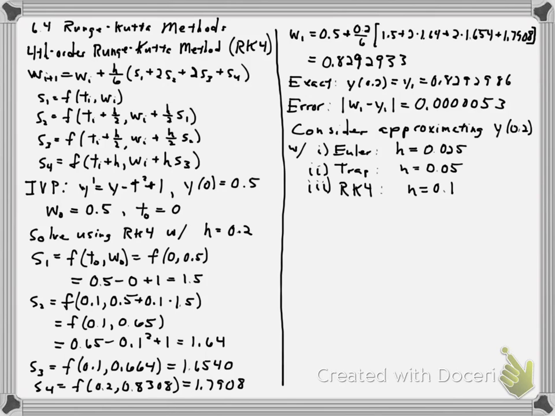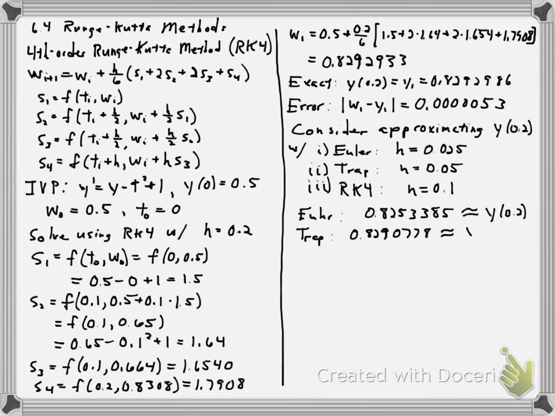let's see what we get. We've seen what we get for RK4. Let's see what we get for Euler's method. So for Euler's method, we get an approximation of 0.82533385 as our approximation of y of 0.2. Trapezoid method, the approximation is 0.8290778.